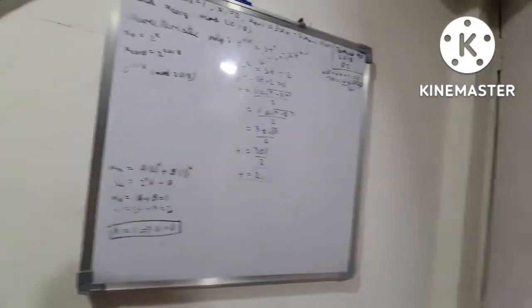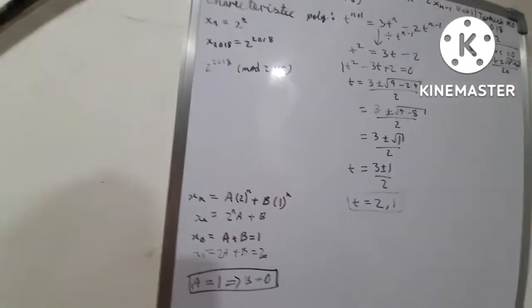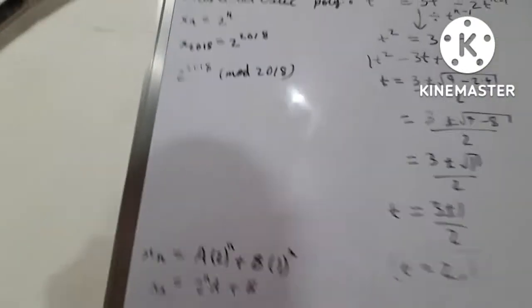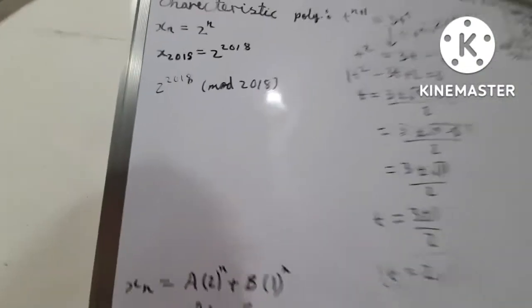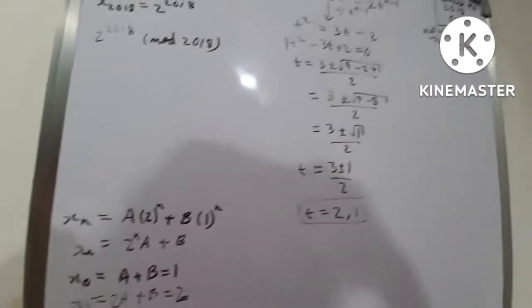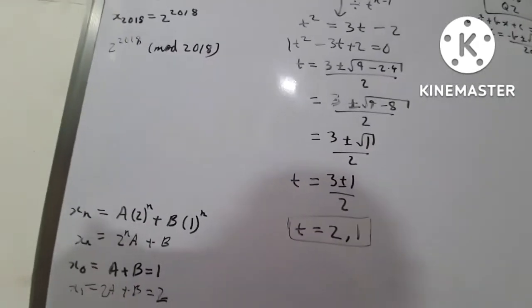I just love the idea of being able to convert gigantic numbers like this into literally one digit numbers. You're going to see soon why. Anyways, so this is 2 to the 2018 taken modulo 2018. So for exponents, we have the Euler totient function. And it goes like this.